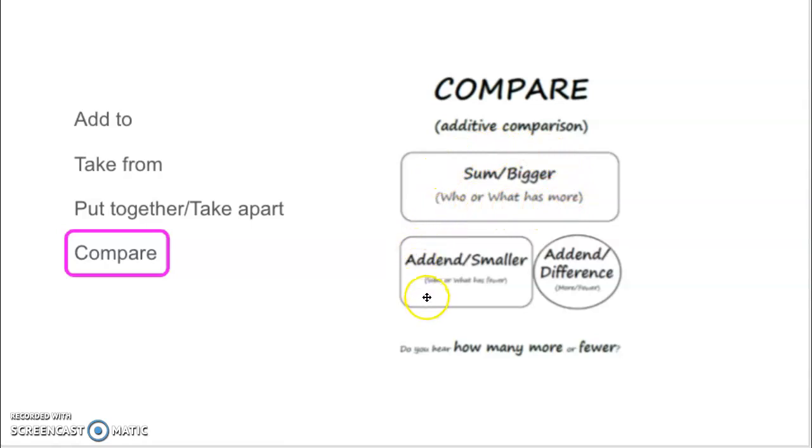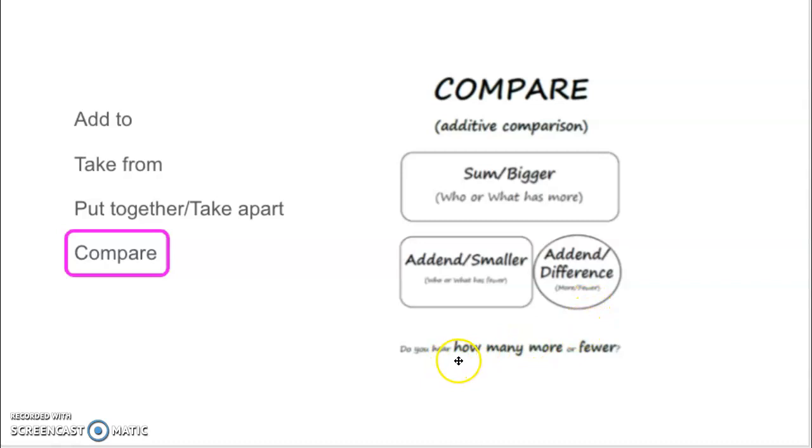This part here, one of the addends, is the smaller part. Who or what has fewer? Then this other addend is the difference. The difference is an answer to a subtraction problem, right? This is also when we're comparing, the difference is how many more or fewer.